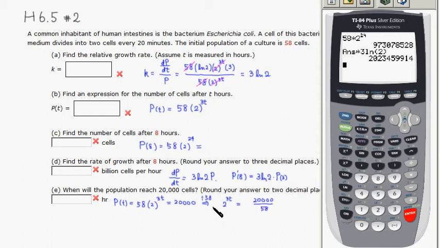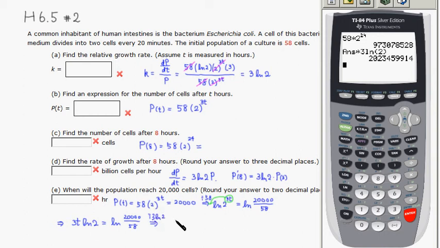Then we can take the natural log of both sides. We can move 3t in front of the natural log of 2, and we get 3t natural log of 2 equal to the natural log of 20,000 over 58. Then, to isolate t, we divide through by 3 natural log of 2.